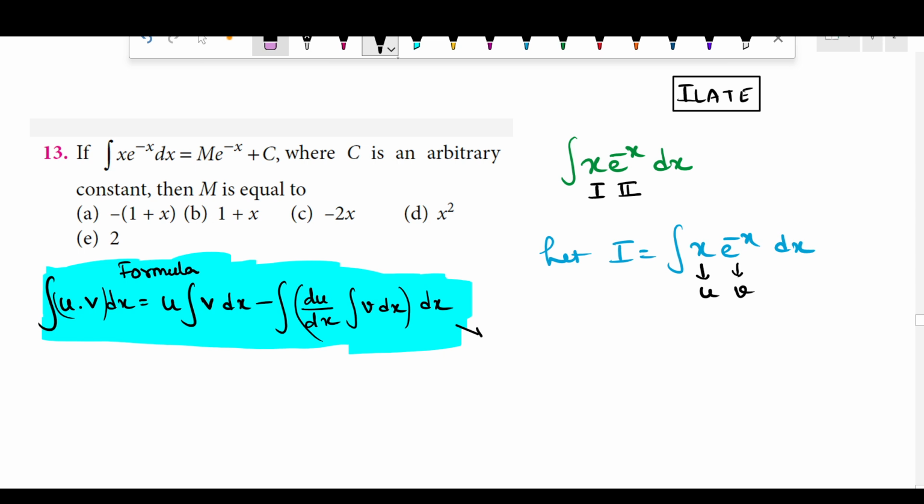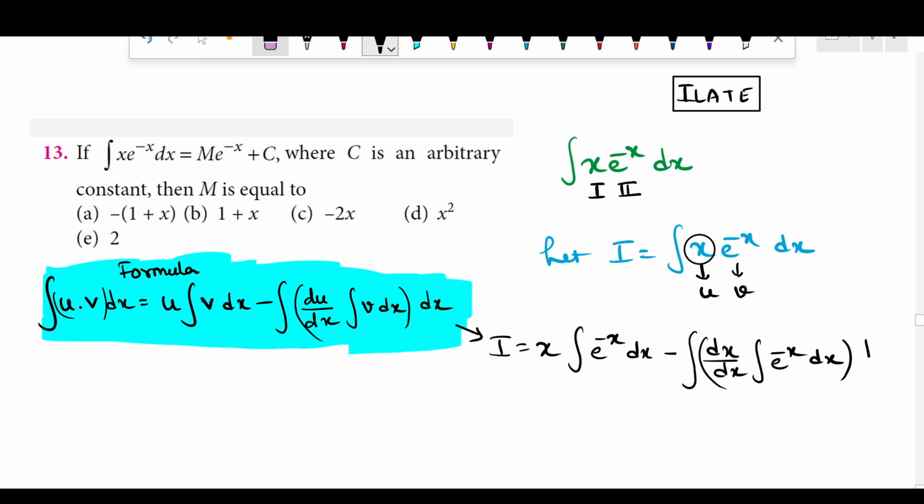From this formula we have I equals to u, meaning x, comes out, times integration of v dx, e to the power minus x dx, minus integration of du by dx, that is dx by dx, times integration of e to the power minus x dx, whole dx.